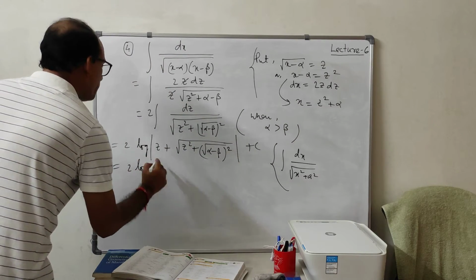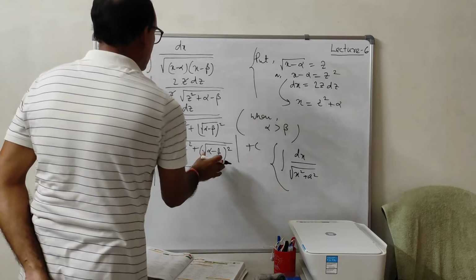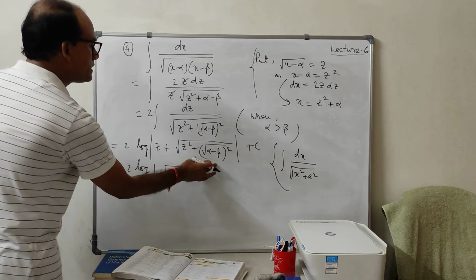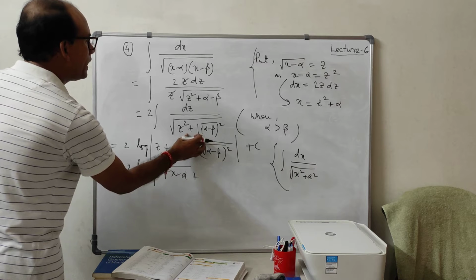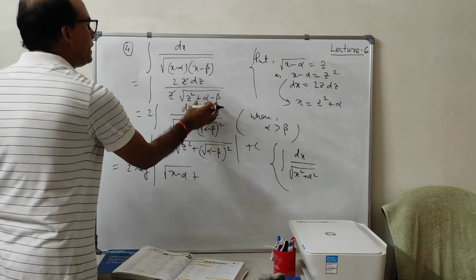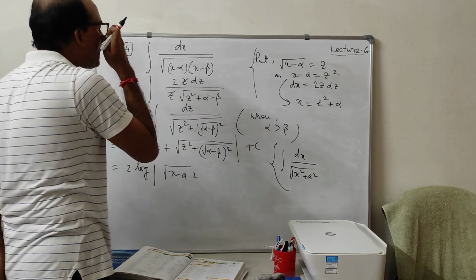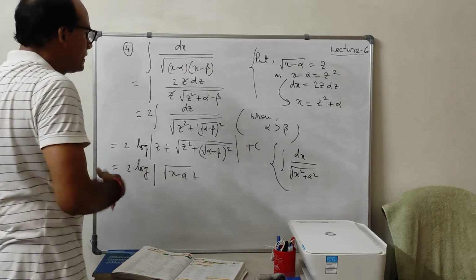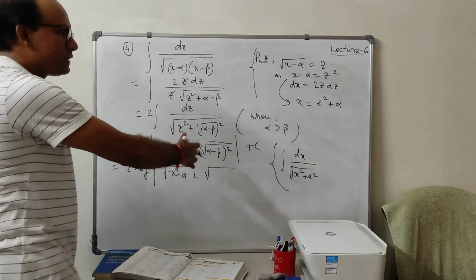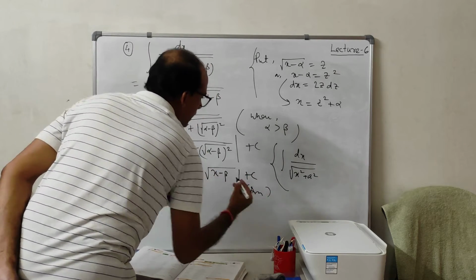That is, 2 log mod root of x minus alpha plus root of x minus beta. This comes from here, and this comes from root of x minus beta. Just back substitute all these things, and you may write here, instead of calculating all these things, root of x minus beta. This is the end of the integral.